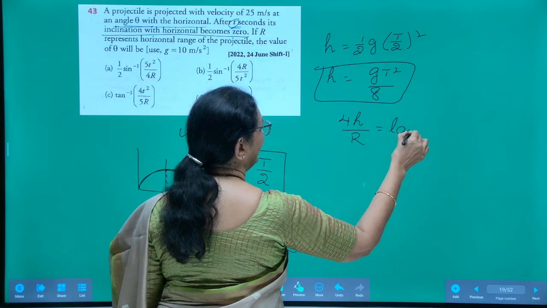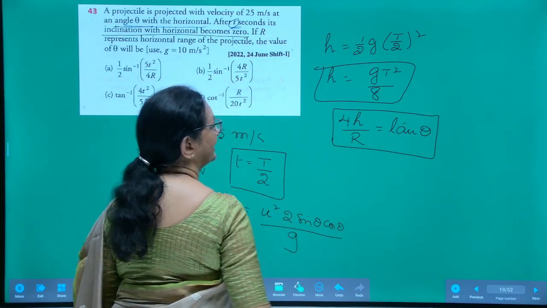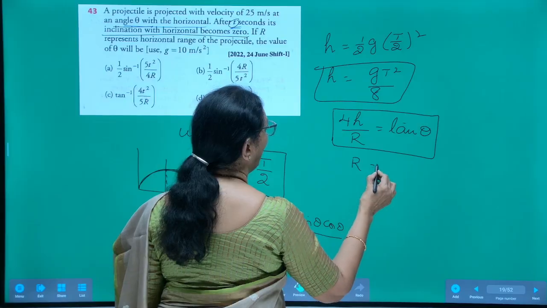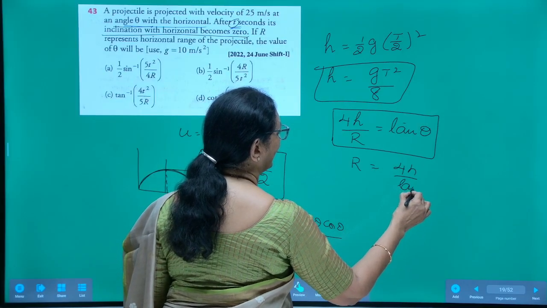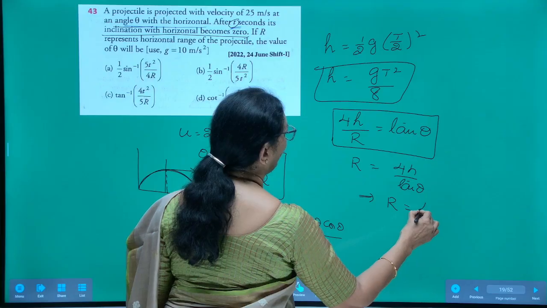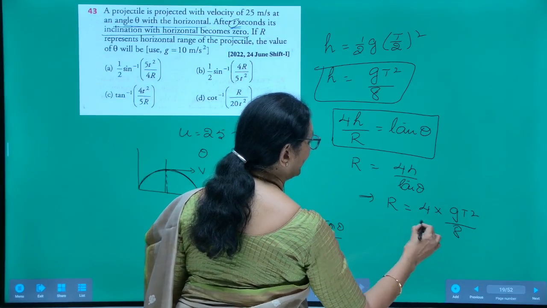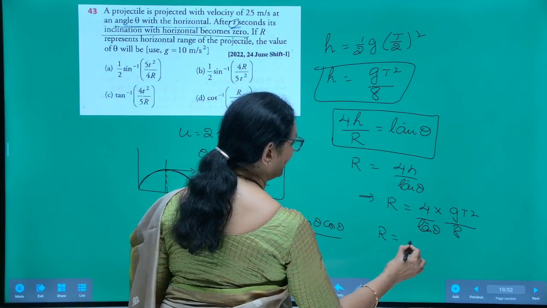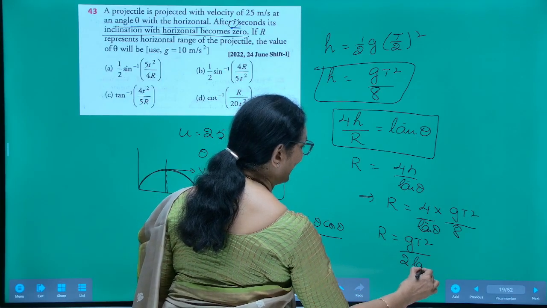Already yesterday we have seen the proof of it. From these two expressions, R is equal to 4h by tan theta, which implies R is equal to 4 g t square by 8 by tan theta, from which R is equal to g t square by 2 tan theta.